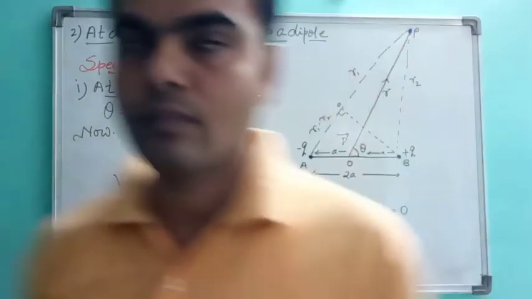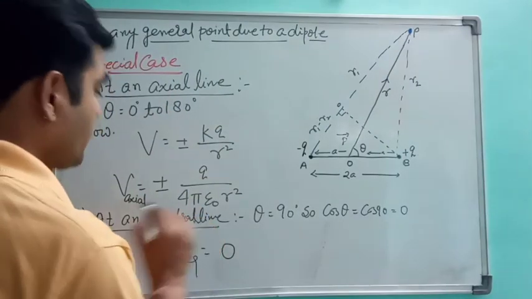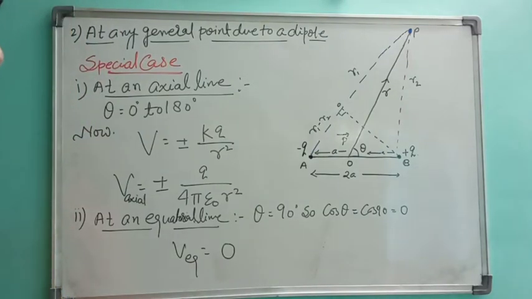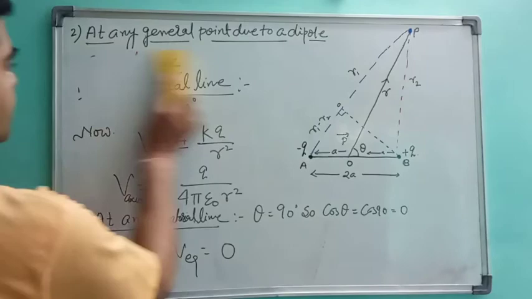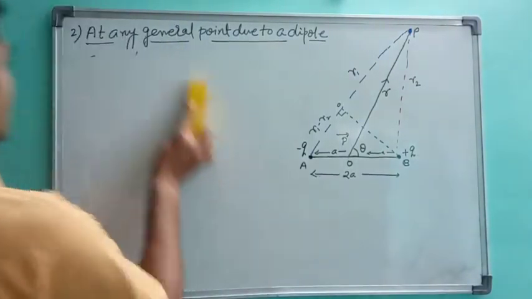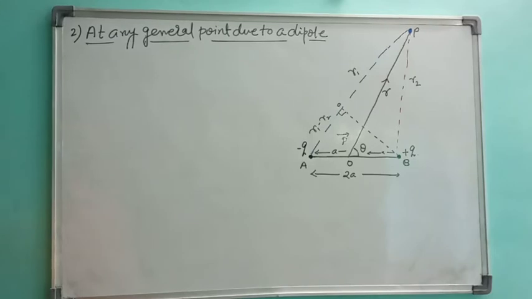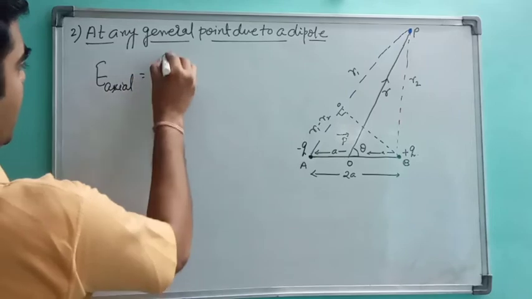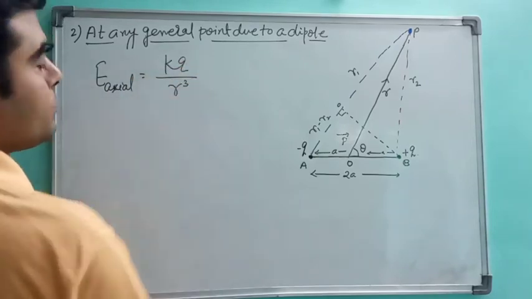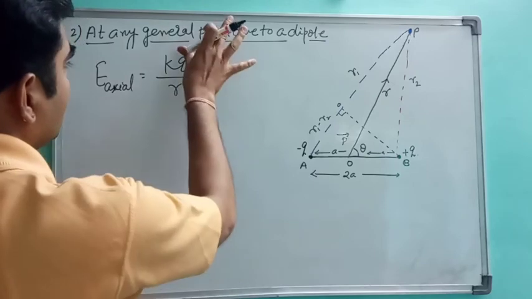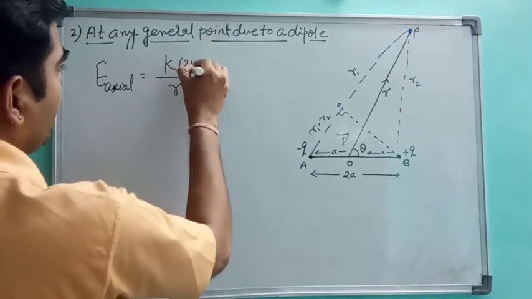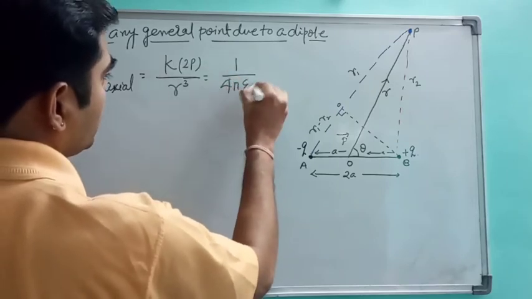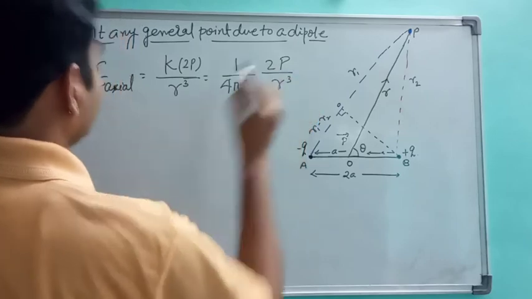Okay, write down carefully, and some discussion is there. You can see in my previous video, the electric field at the axial point is kq upon r cubed, or 2kp upon r cubed, or 1 upon 4 pi epsilon naught times 2p upon r cubed. But for V axial, the electric potential on the axial line is kp upon r squared.